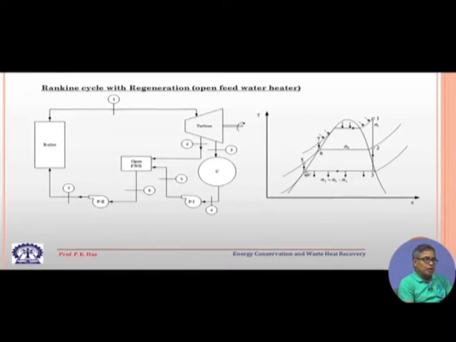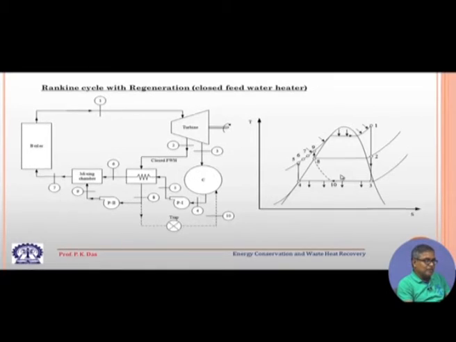Then in pump P1 we raise the pressure from point 4 to point 5, and then it goes to the mixing chamber. So pressure 5 is equal to the pressure at point 2. Then we will be able to calculate the pump work and enthalpy at point 5. That is what we have done.